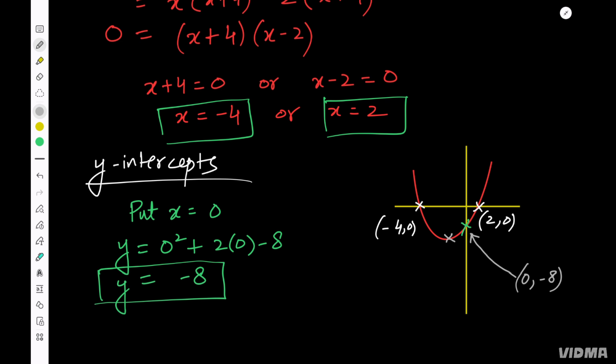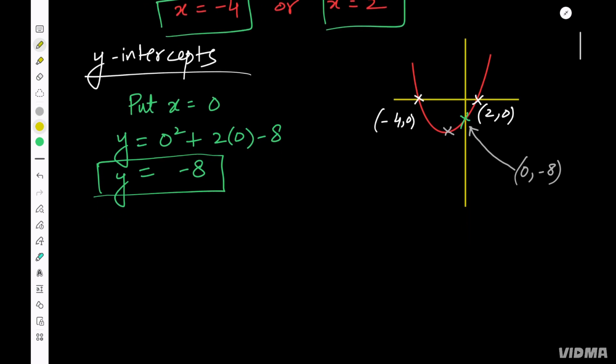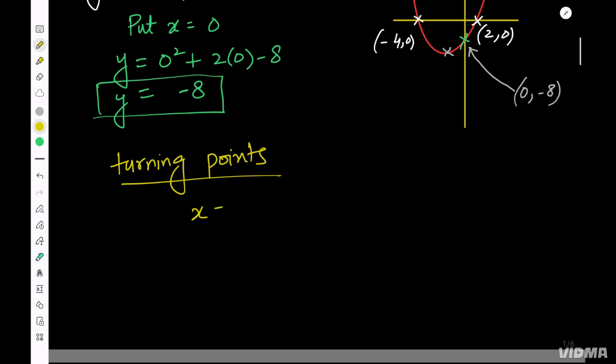In order to find the turning point, we have to use the following formula. Whenever your equation is given in standard form, you can easily apply x equals minus b over 2a. Basically, it gives us the x coordinate of the turning point.